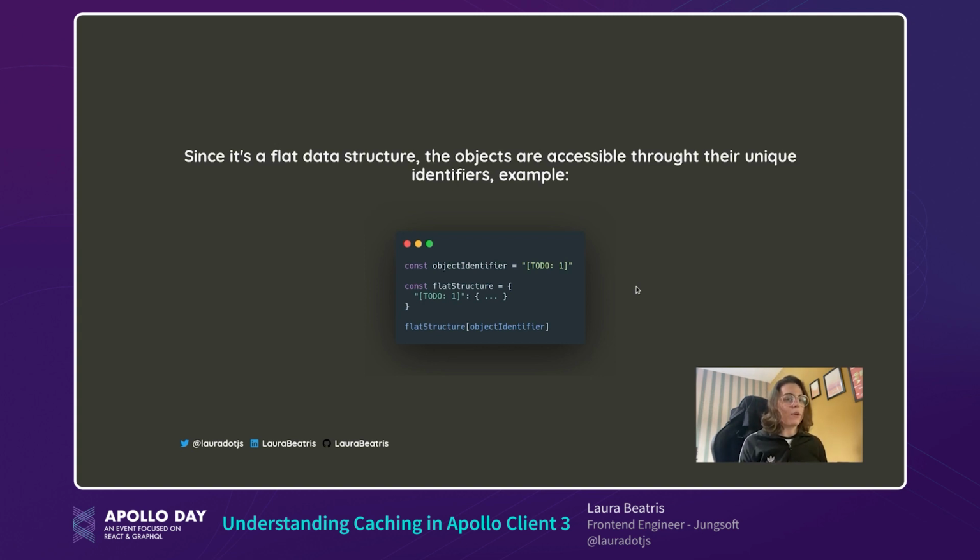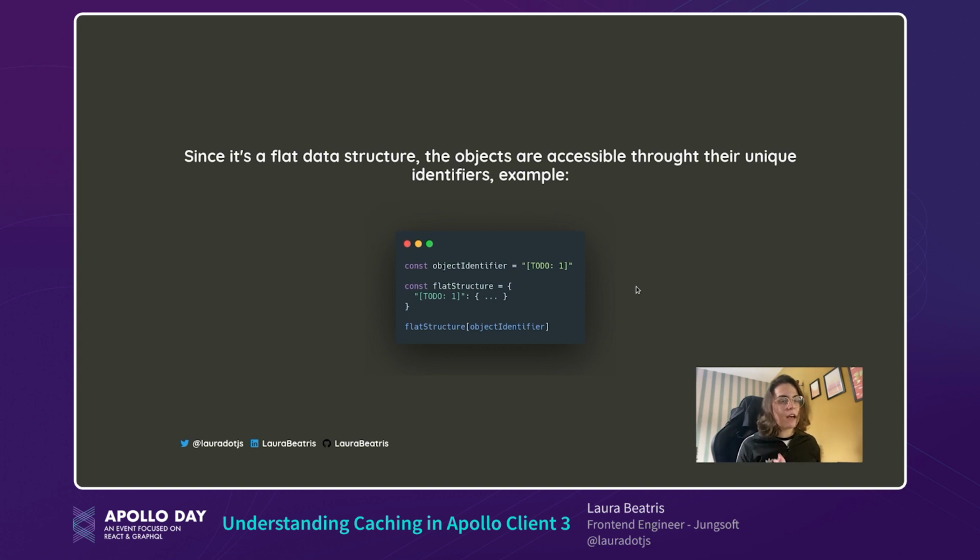Here I'm just showing how easy it is for Apollo, behind the scenes, to access these normalized items and update the cache. Because imagine that these unique identifiers are just strings, and they are mapped in these flat data structures. So now what Apollo needs to do is access this flat object using this unique identifier, and it updates the fields, it merges the fields.